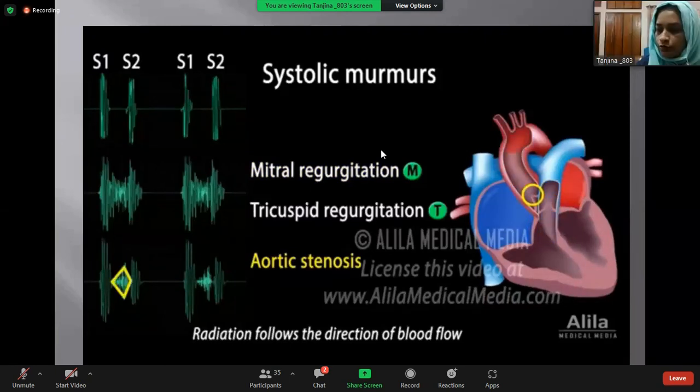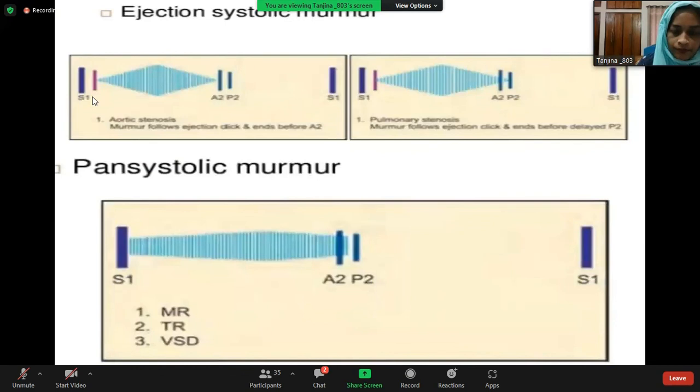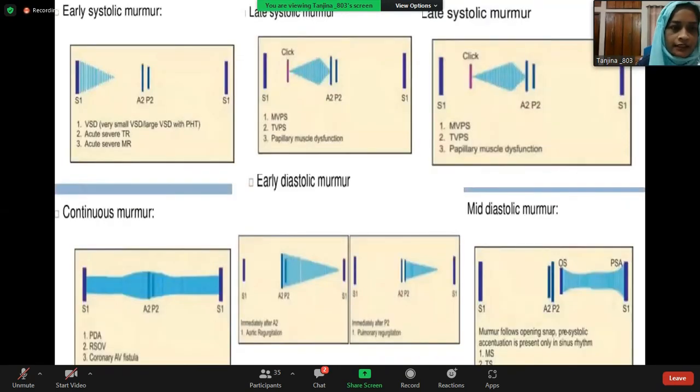This is the phonographic picture of the early systolic murmur, heard just after the first heart sound in cases of VSD, severe tricuspid regurgitation and mitral regurgitation.